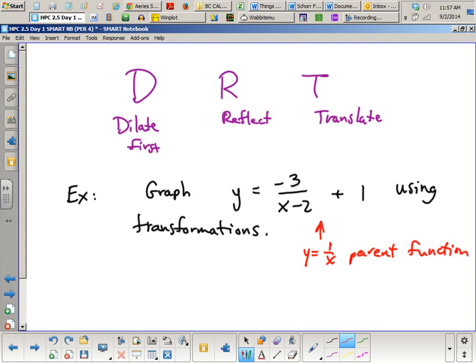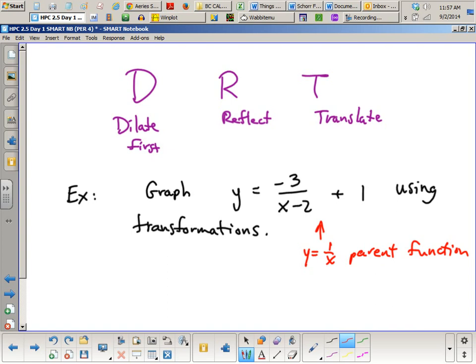Now you got to try and write it so that it is written as sort of a stage-by-stage thing. So, first of all, are there any dilations going on? Dilation would mean you're multiplying by a number at some point. Yes, there's a 3 going on. See that 3?